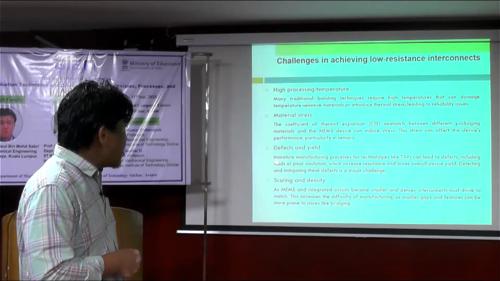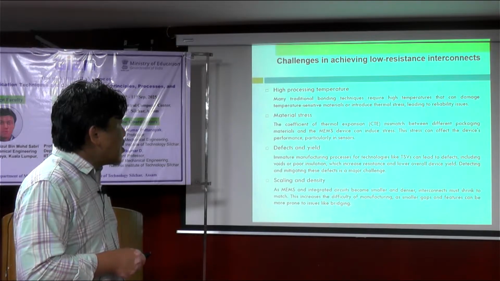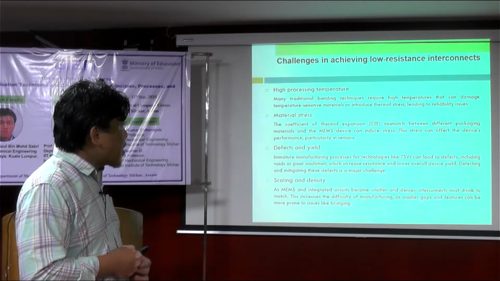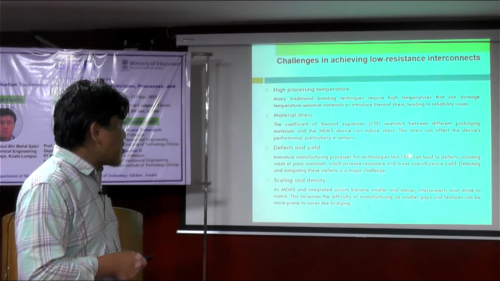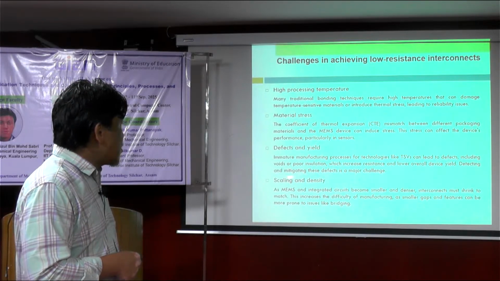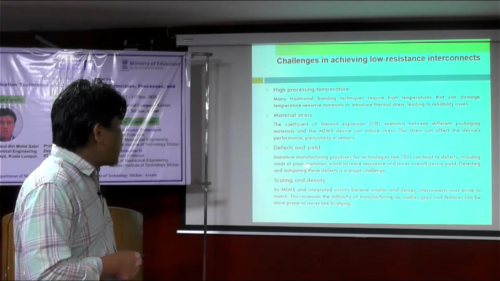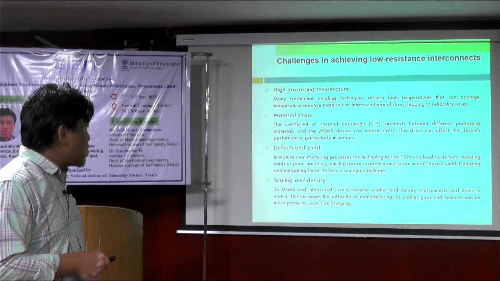And defect and yield: immature manufacturing process for technologies like TSV. TSV nowadays is quite matured basically, but it's still a difficult task to get done, and can lead to defects, including a void or a poor insulation, which increase resistance and lower overall device yield.